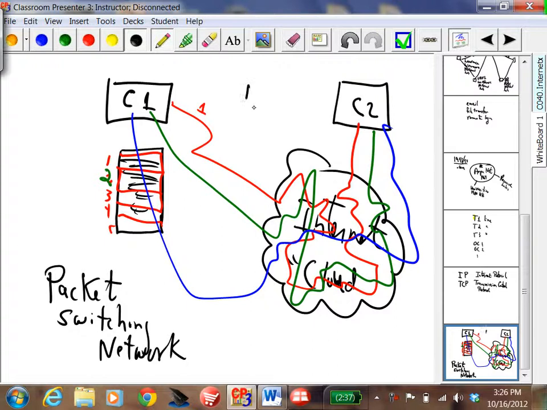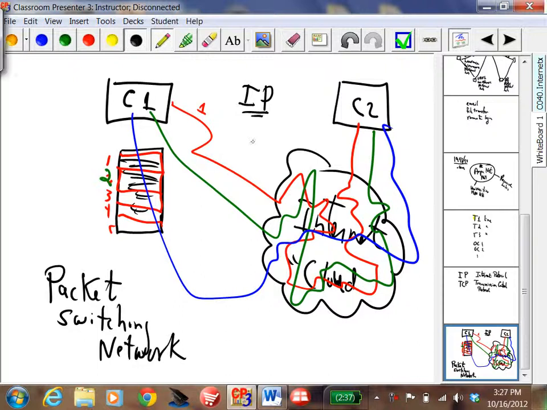So the internet protocol, its job is to see that each packet gets there, and that the computer C1 ultimately knows that it got there. So IP basically guarantees the integrity of the message.